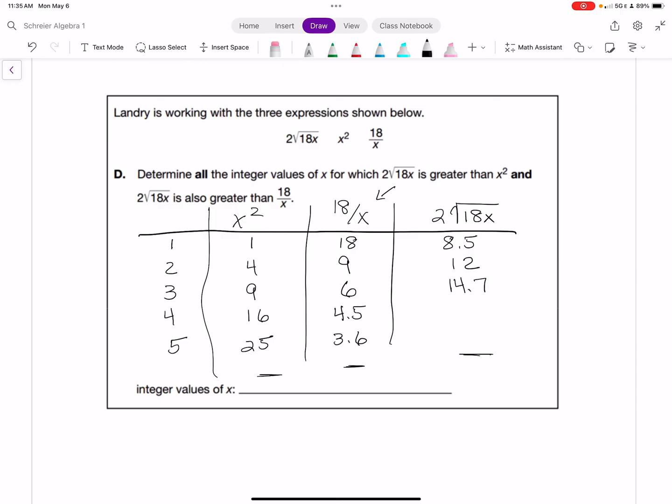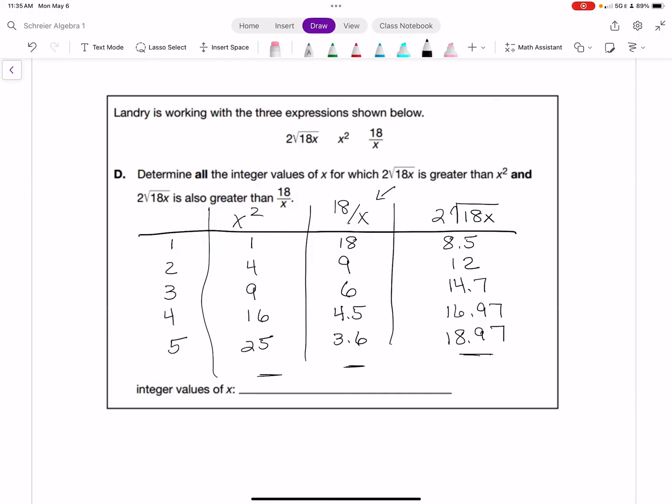Then 2 times the square root of 18 times 4, which is 16.97. And then lastly, 2 times the square root of 18 times 5, so that gives me 18.97. And we could keep going, but let's see where this gets us.